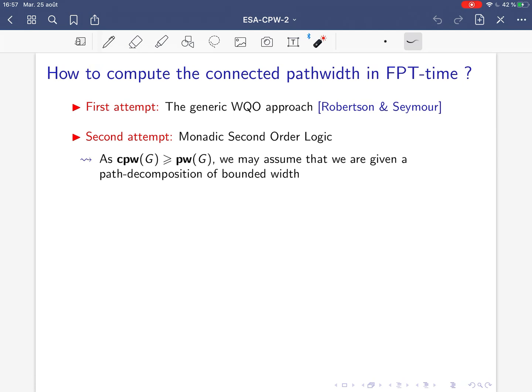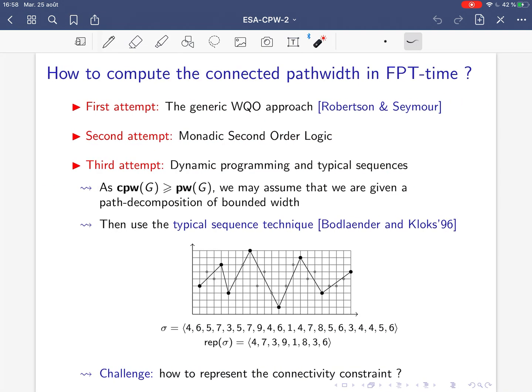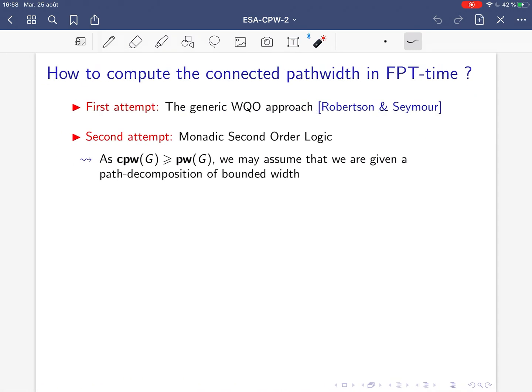Why? Because the connected path width is larger than the path width, so we may assume that we have in hand a path decomposition of bounded width, and then if we could express the connectivity constraint in monadic second order logic, then we could apply Courcelle's theorem.